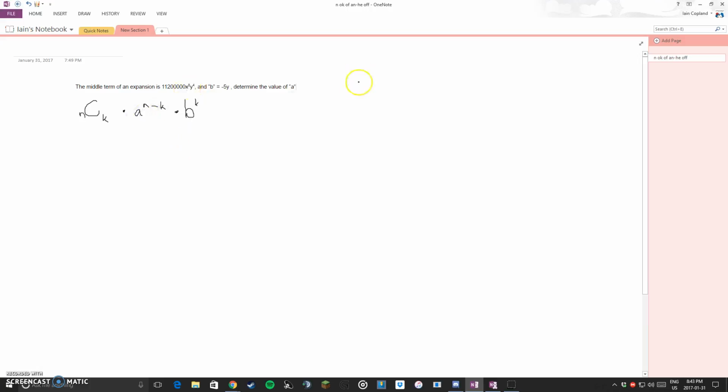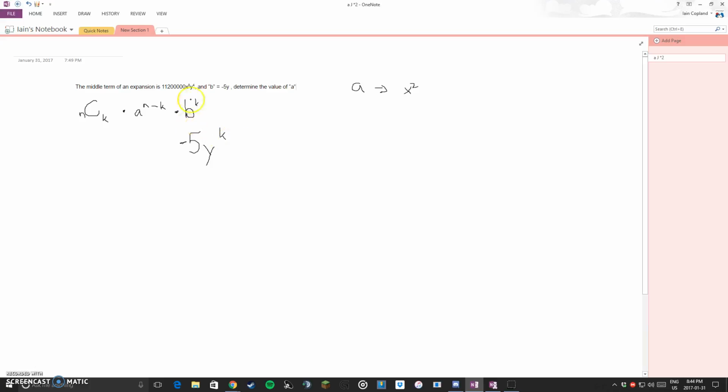So we know that the a term is to the second degree, x squared. And since we know this, we can simply substitute negative 5y for b. Negative 5y to the k. That's not that important right now.